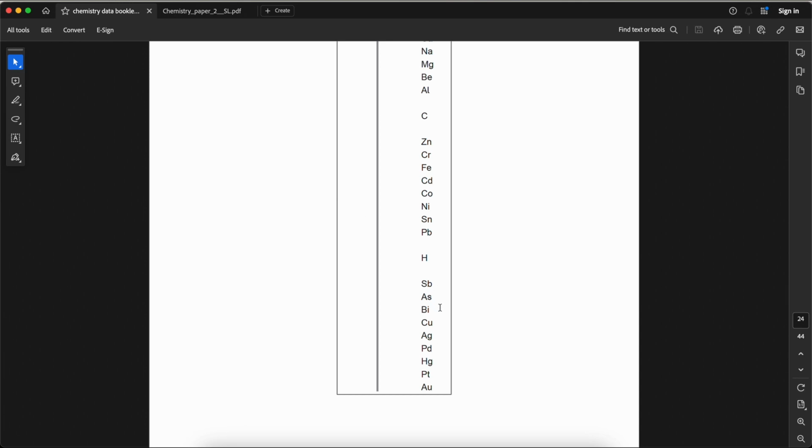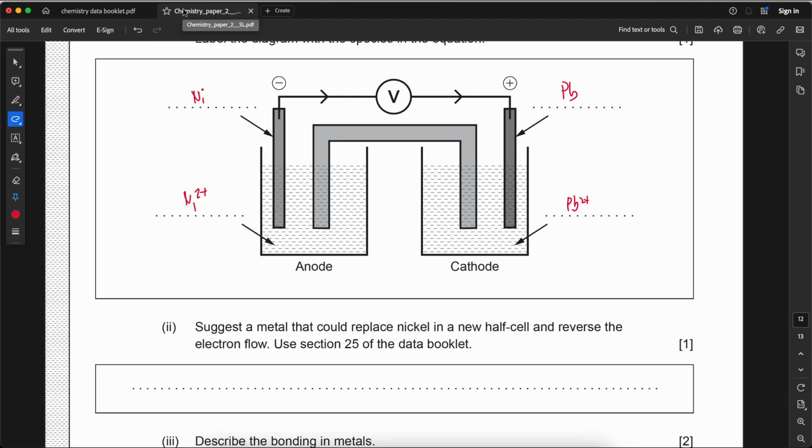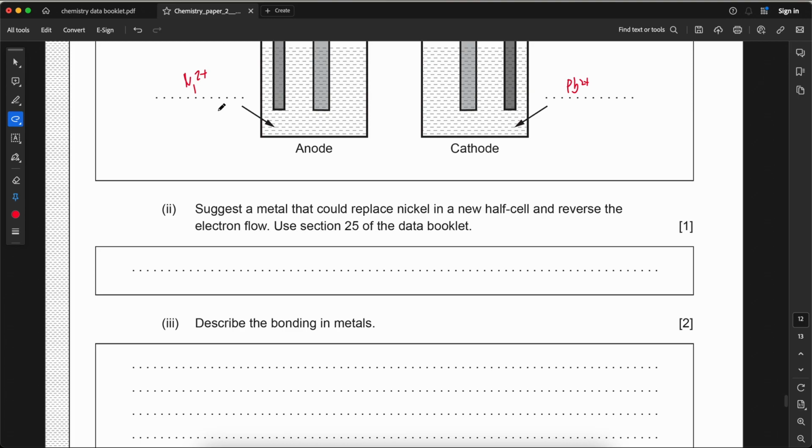So the metal that is less reactive than Pb, it has copper, and then Ag or Pd or Pt. So we can answer here. It could be Cu or Ag or Pd or mercury or platinum or Au, because they are all less reactive than lead. So you can choose one of them.